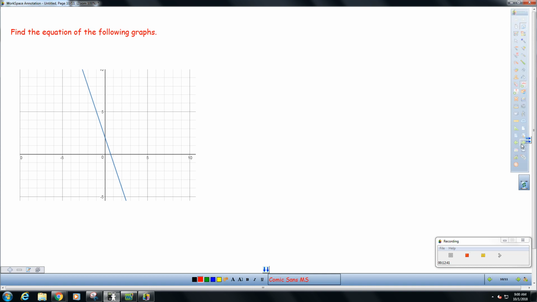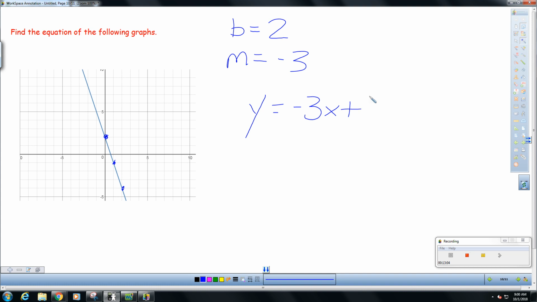What's the equation of this graph? Well, it looks like the y-intercept is 2. It does look like it's 3, but it looks like it is -3. So this is going to be y equals -3x plus 2.